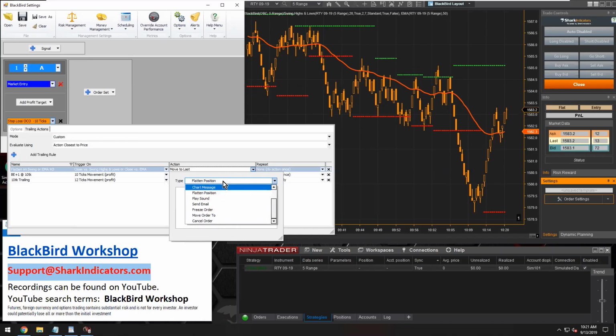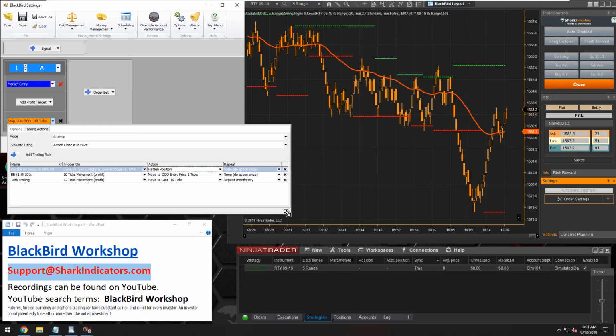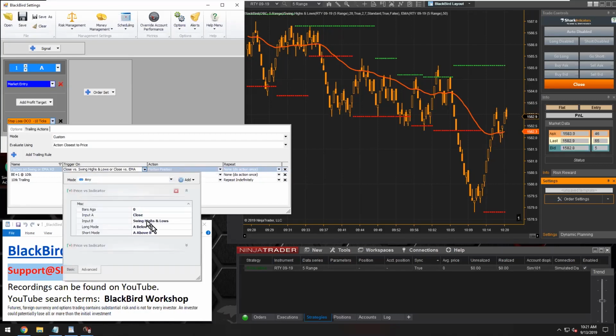We'll just use flatten position there. And that is basically it. We'll leave this trigger rule open here, and then take a look at the Q&A board and see what we got.